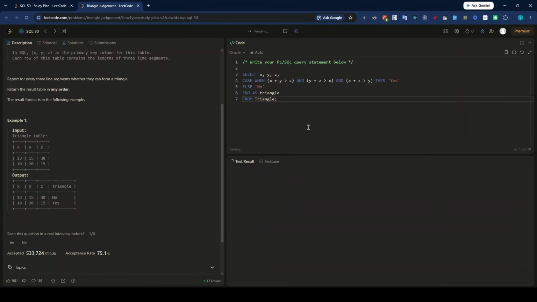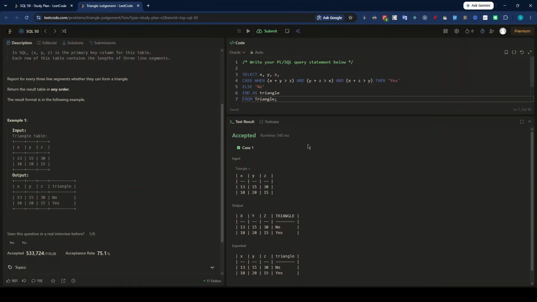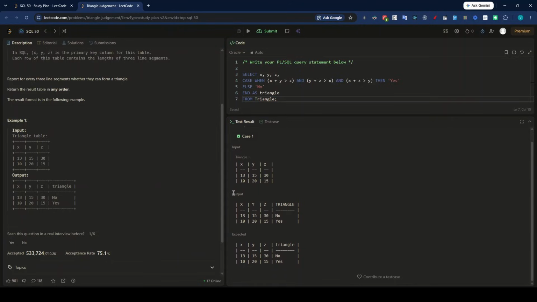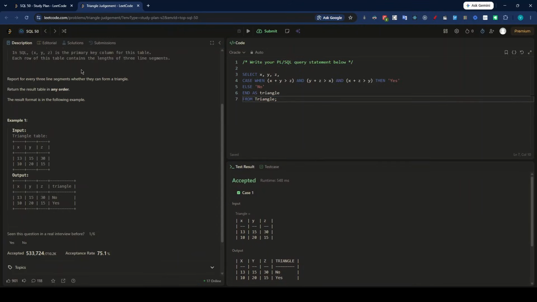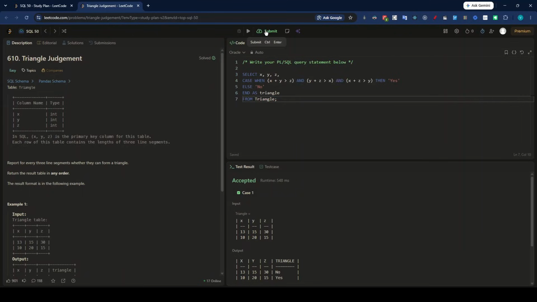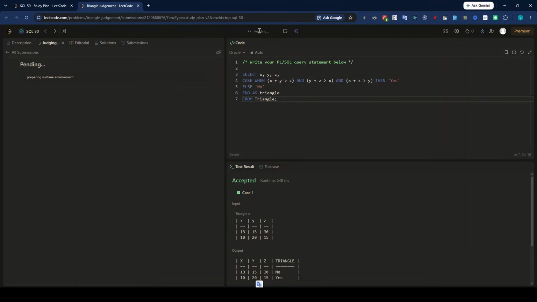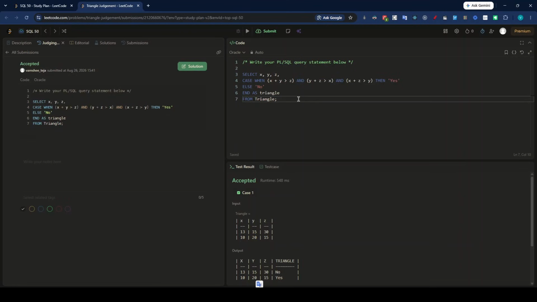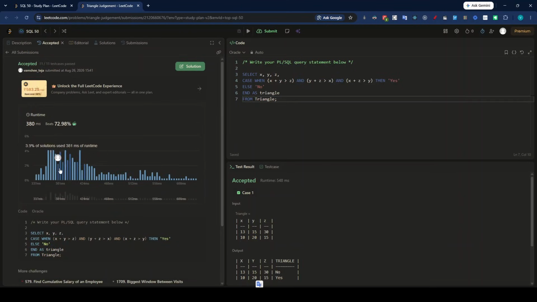Triangle is taking so much time. Yeah, so it has passed, guys. Both the current output and the expected output are matching. So let us now submit it and see if it is working for all the backend test cases. Yes, guys, it has passed, right?